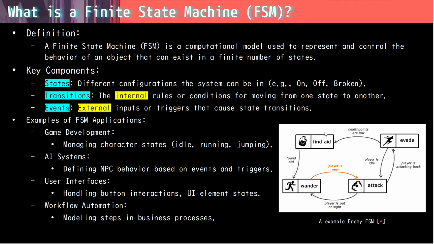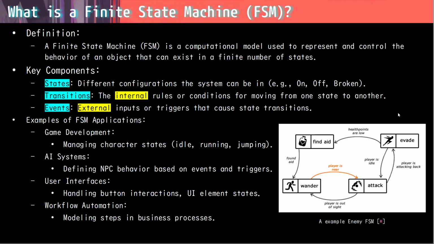Pretty reasonable. So when the enemy found some aid, then he will switch back to the wandering mode. So this will form a very large loop over here. So inside this design of finite state machine, you will find a closed loop, stable status, and the transitions all around the diagram. So this is the design of our enemy AI.